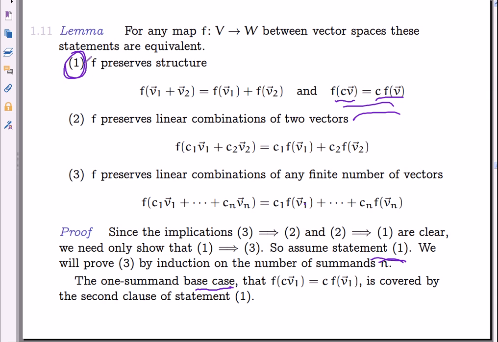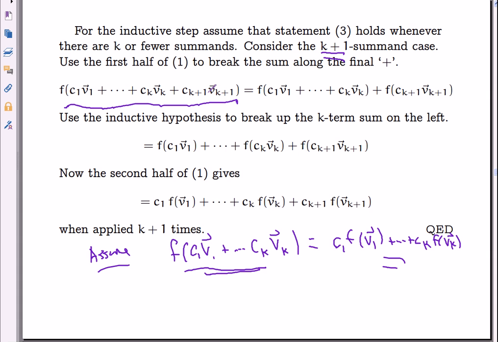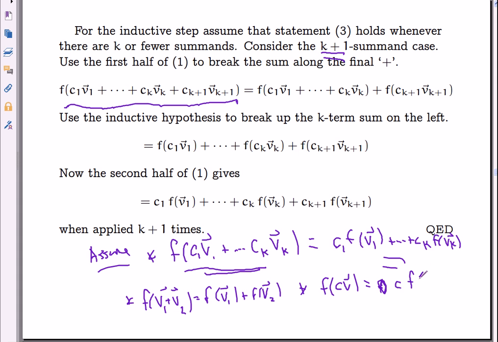Remember, we're assuming that 1 is true, so I'll write that down also. We can assume also that f of v1 plus v2 is equal to f of v1 plus f of v2. So we're assuming this, we're assuming this, and we're assuming this. So I can use all of these facts to further my cause and show what I want to show.